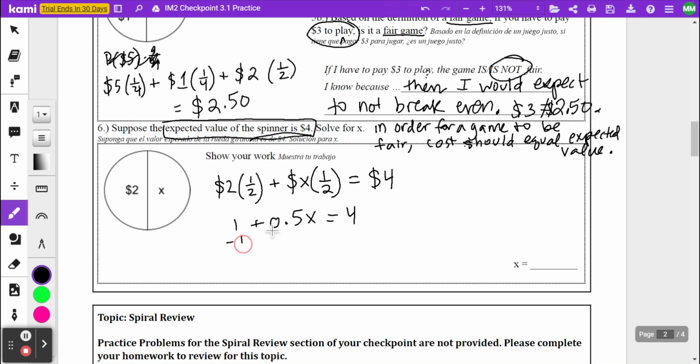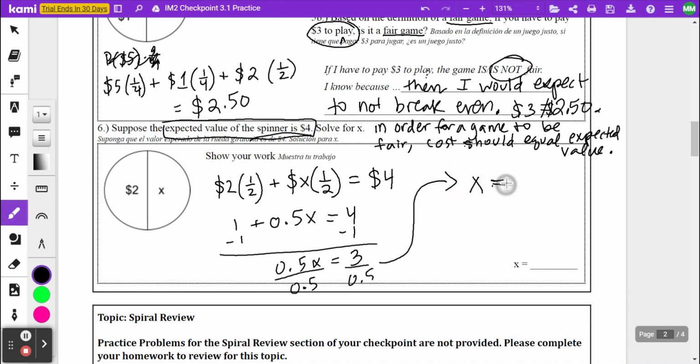I subtract 1 from both sides. I have 0.5x equals 3. I divide both sides by 0.5. And that gives me x is equal to 6. So x is $6.